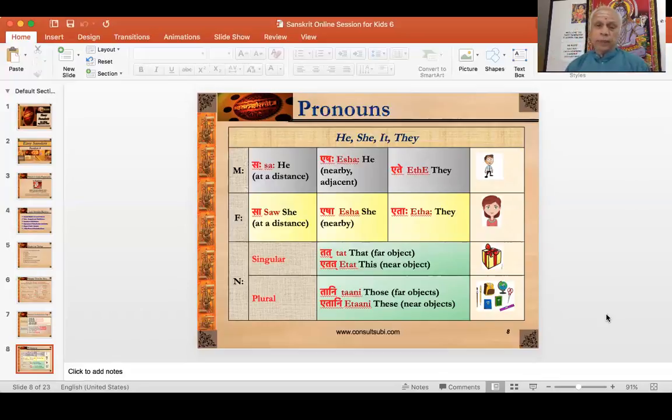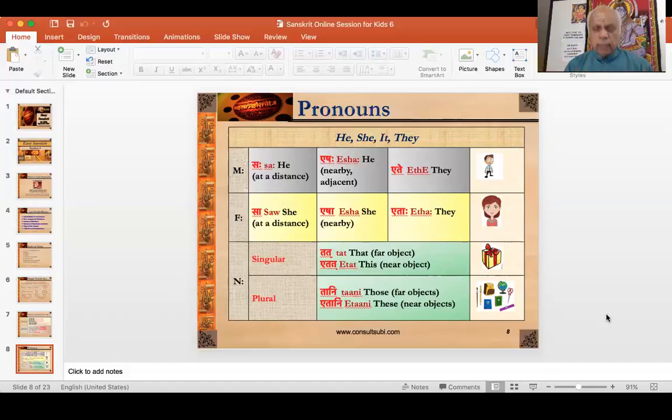And it is singular. If it is plural, you say tani. Those. For far objects, you say tani. And etani for near objects. For example, you say tani lekanyaha. Same thing, etani lekanyaha. So nearby and far away objects, they have different descriptions in Sanskrit, unlike English.